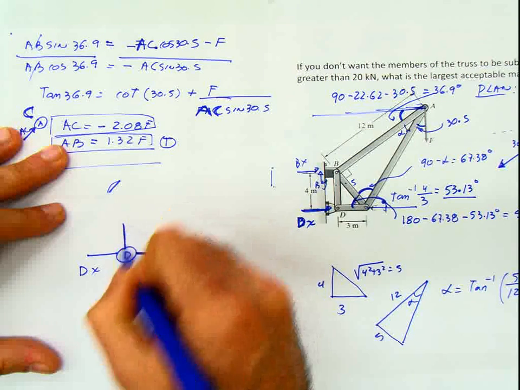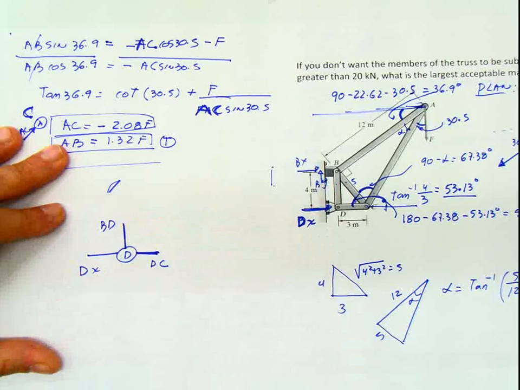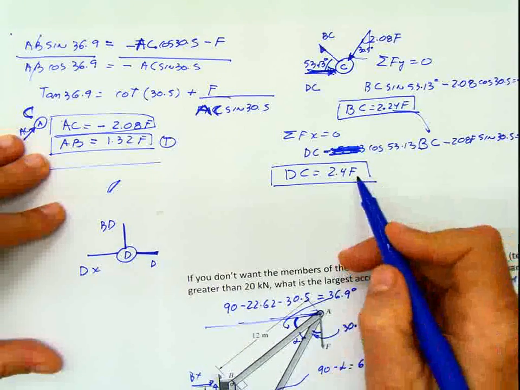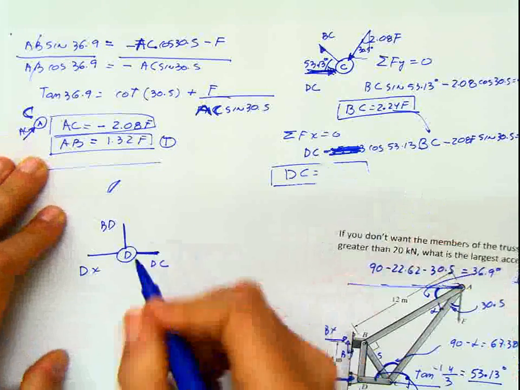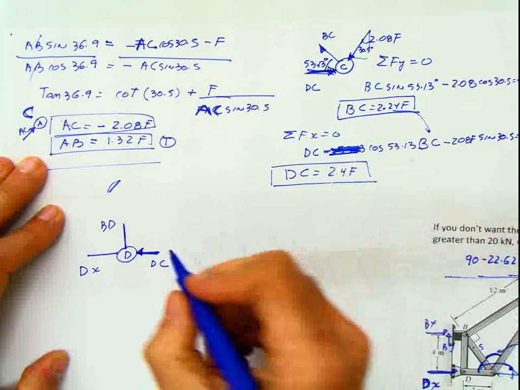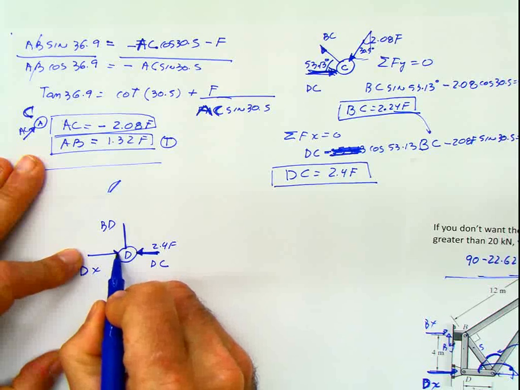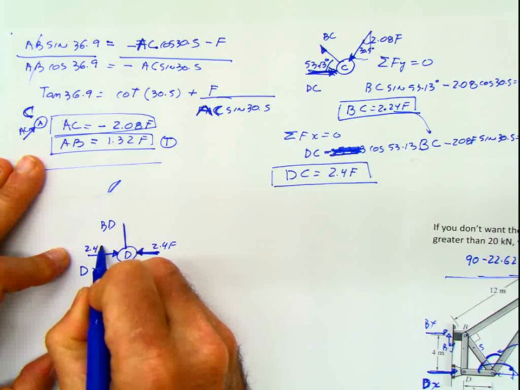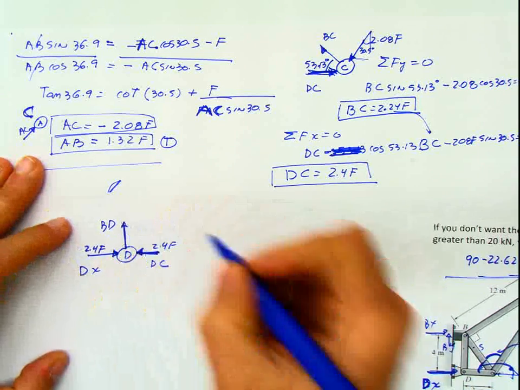And I have my force BD. DC I calculated before here, and DC was entering into the joint, and the value, I don't have to put it because I don't need it, but it's going to be 2.4F, and this reaction obviously has to be equal to this, so I know the reaction is going to be 2.4F, I don't need it, and BD is this one.